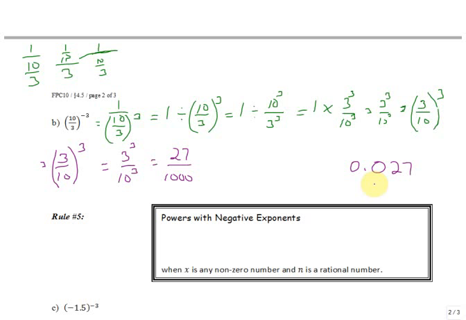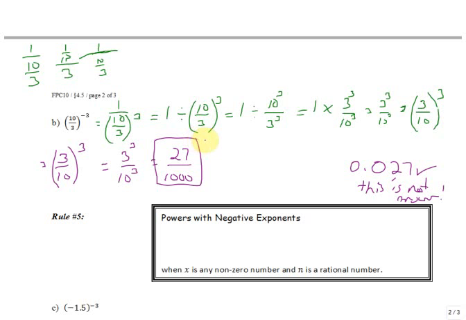I'm writing it over here because this is not the answer. Then I go back to my calculator and go bracket 10 divided by 3 bracket to the power of -3, and I get 0.027, so I put a little check mark to say, yes, I've checked it. That's right. This is my answer. A decimal answer is not the answer to this type of question.